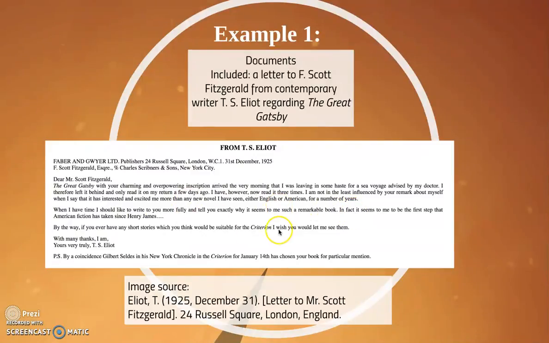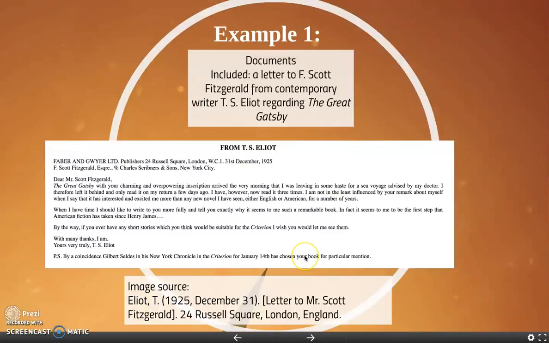So if you're really interested, you can pause this and take a look at that. And obviously, I'm sort of cheating on the primary source a little bit because it is typed up, but we're not going to see the actual paper with T.S. Eliot's handwriting on it because it was written in 1925, so that document was probably not scanned in order to protect it, but we have the information here.